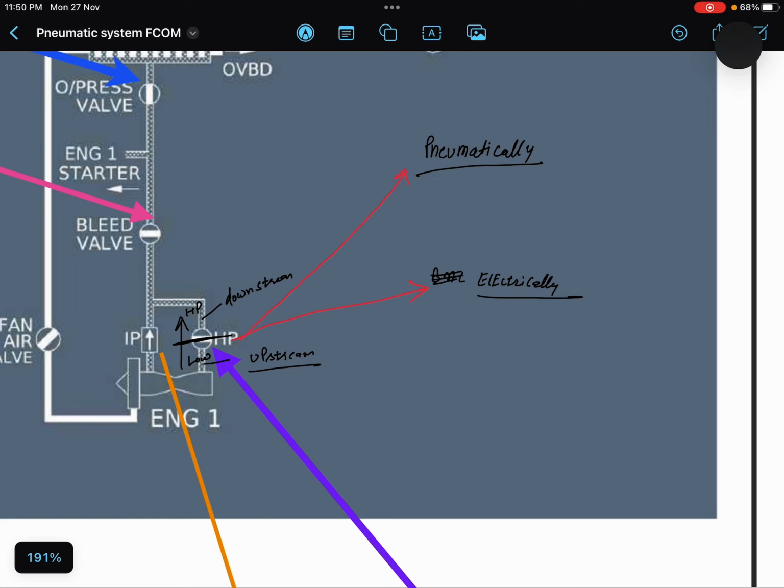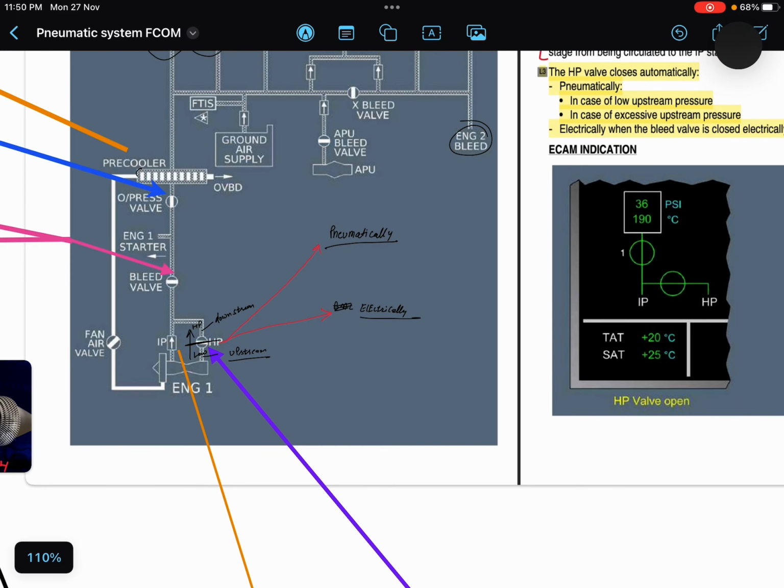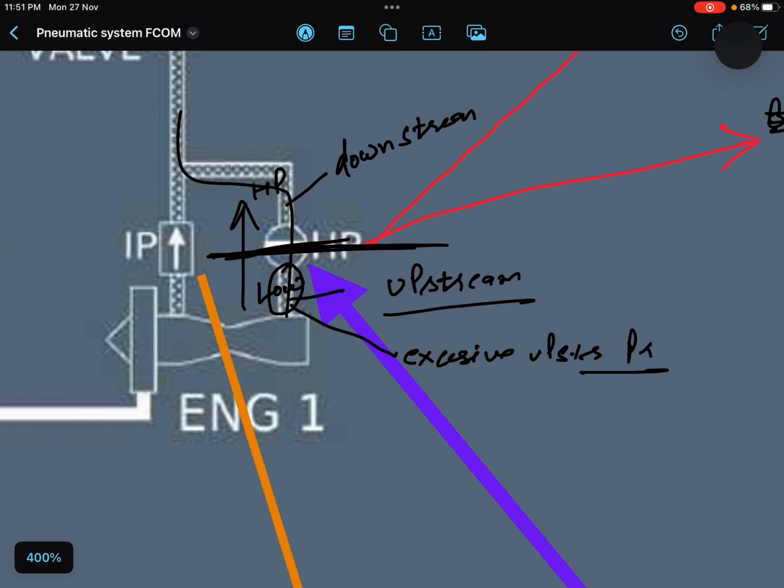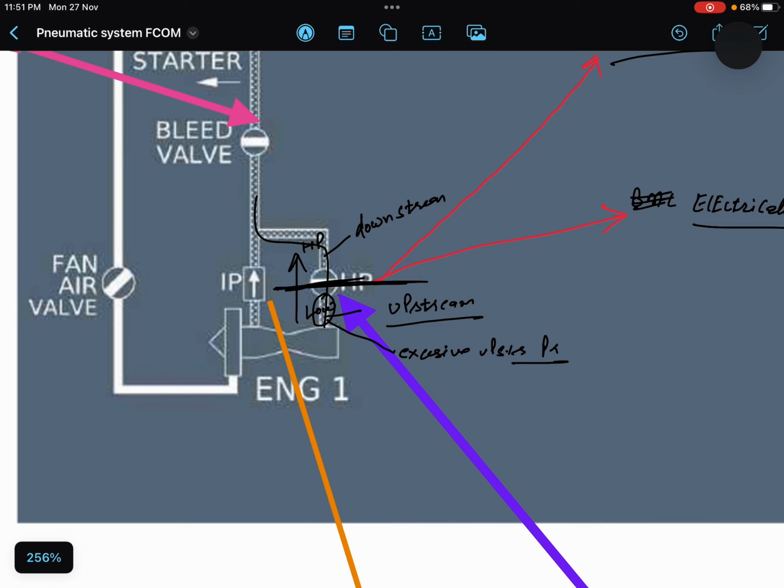Second, whenever excessive upstream pressure is sensed, in this area, I don't know the exact number of how much excessive pressure, but whenever excessive upstream pressure is sensed, then also this HP valve closes so that it does not damage the bleed valve and further components.